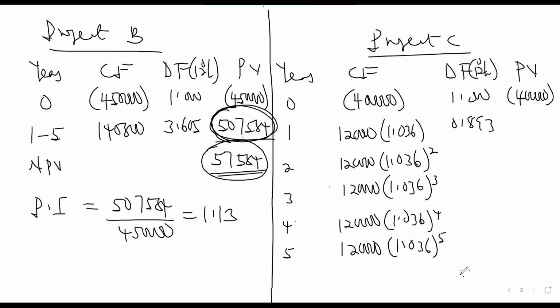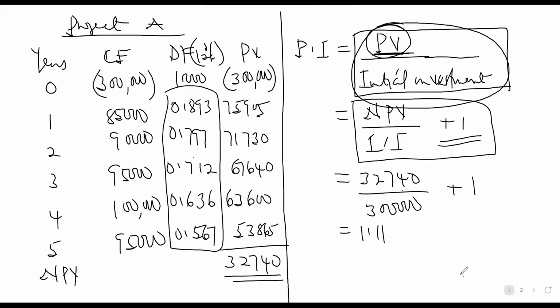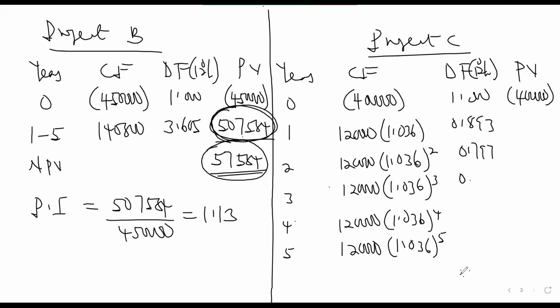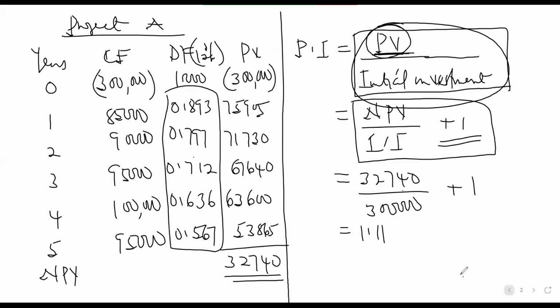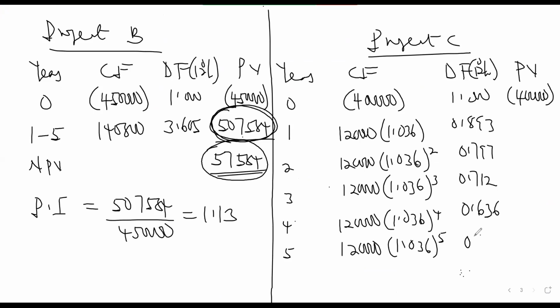0.893, 0.797, 0.712, 0.636, 0.567. Please, you can do workings for the cash flow before you bring them over here.